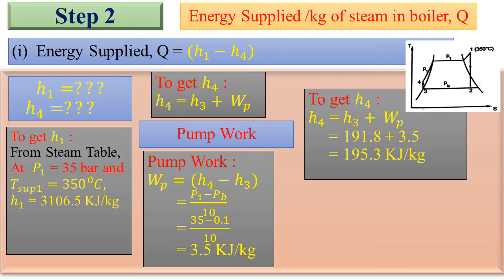From the data we know that condensation will occur at 0.1 bar. We can refer to the pressure based steam table, and at 0.1 bar we will select the value of HF. Why HF?